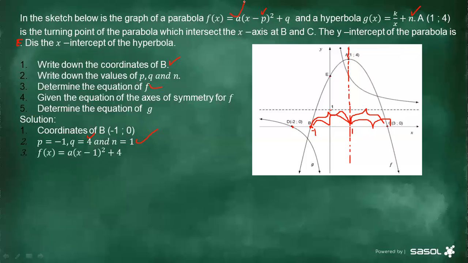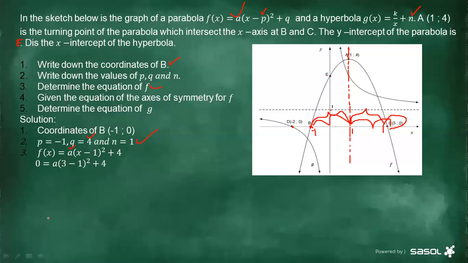Let's determine that. Then we just substitute the values of p and q. In order for you to get a, we are looking for any point on the curve that you can use to determine a. We have taken this point, which is 3:0, point C. So x is 3 and y is 0.